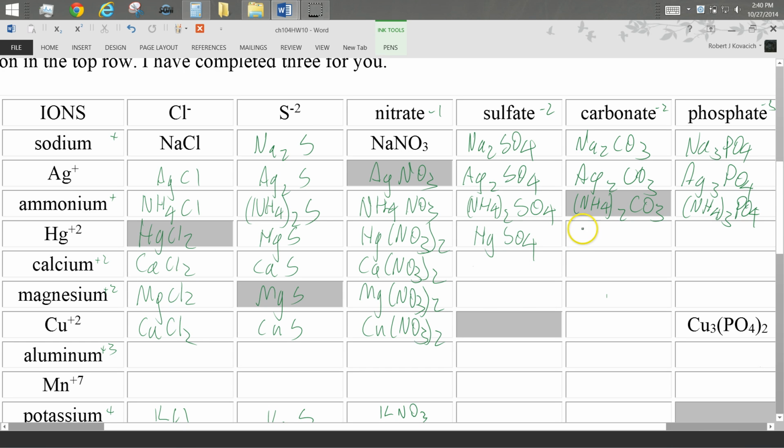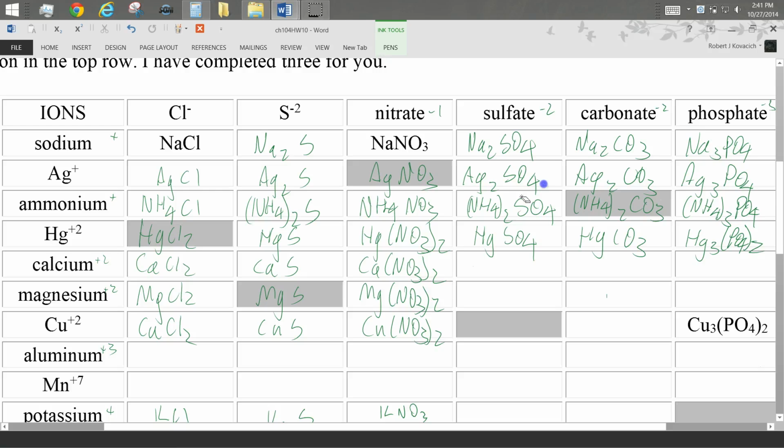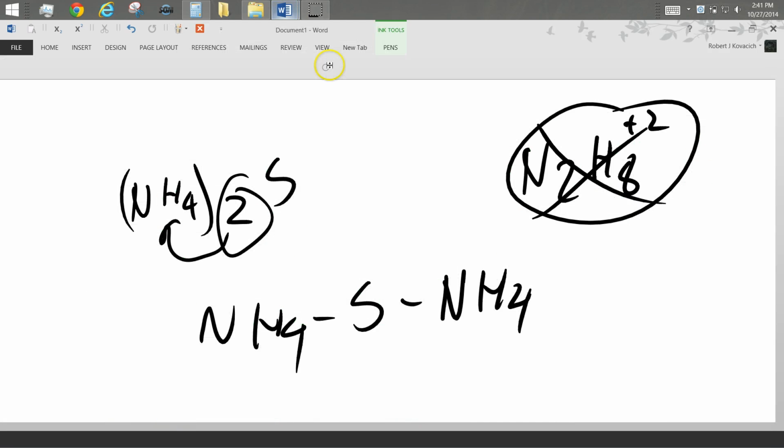HgSO4, HgCO3, and then I need Hg3(PO4)2. So the reasoning behind that one, how did that happen?